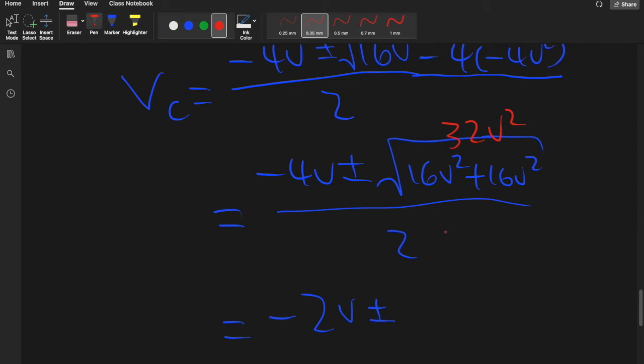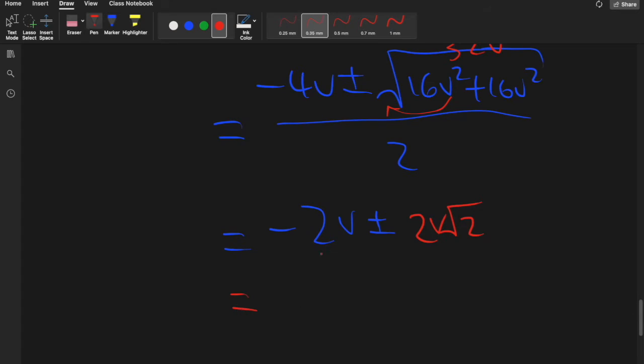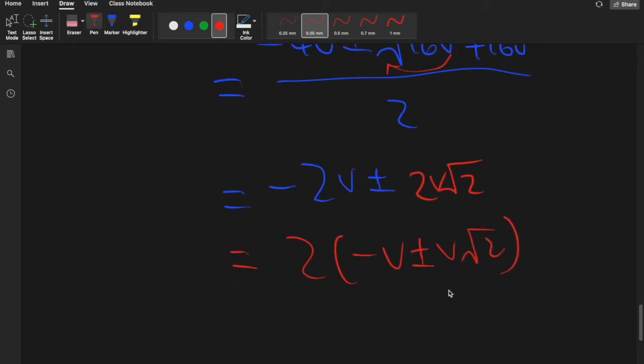So you just simplify, and then it becomes 16 times 2, so 4V times the square root of 2, and then we factor the V out. Take away the common factor 2, so here's going to be V plus or minus V times the square root of 2.